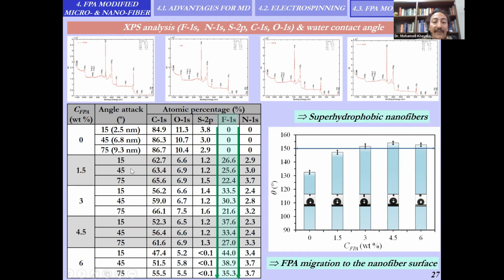This confirms the migration of PI towards the surface of the nanofiber or microfiber. This result was also confirmed by the measurement of water contact angles, and we observed an increase in water contact angle with the increase of the concentration of PI. We could even prepare superhydrophobic nanofibers.